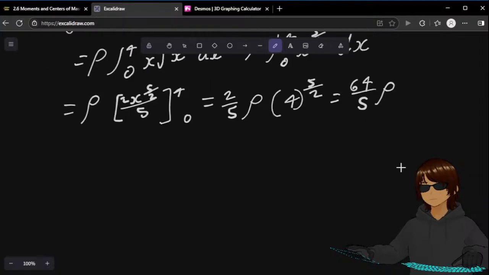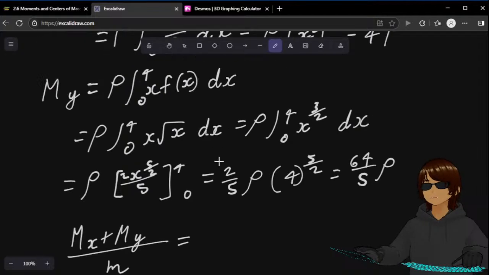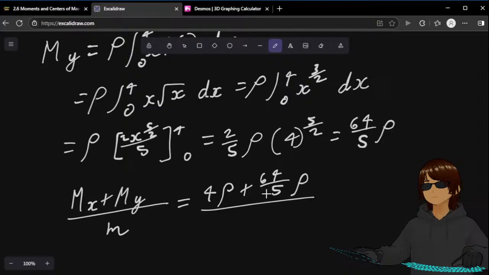And then we find the center, right? Total mass, which is 4 density plus 64/5 density, divided by the total mass.